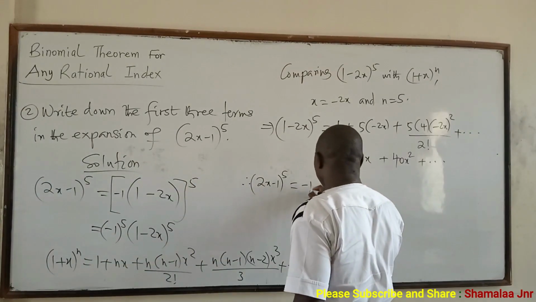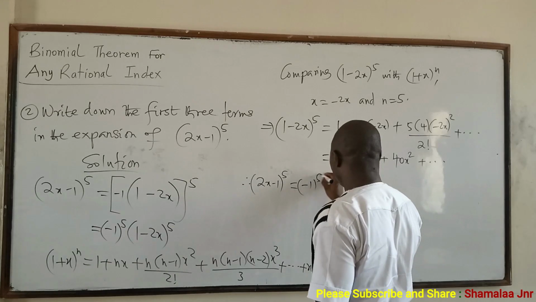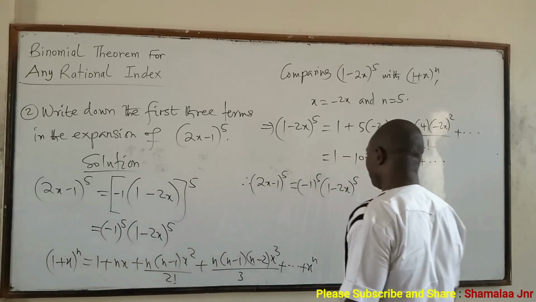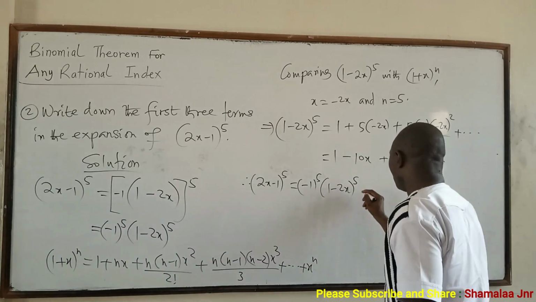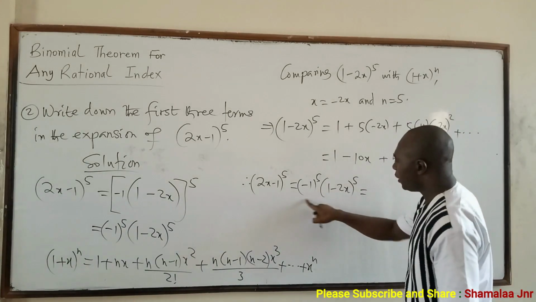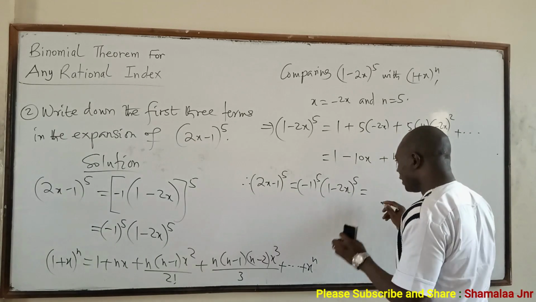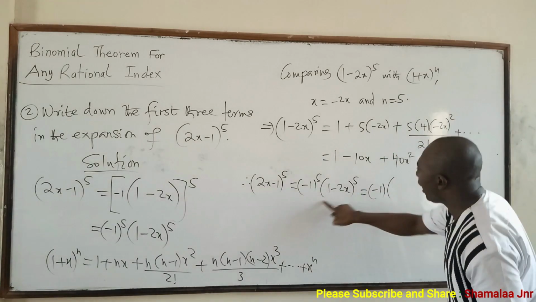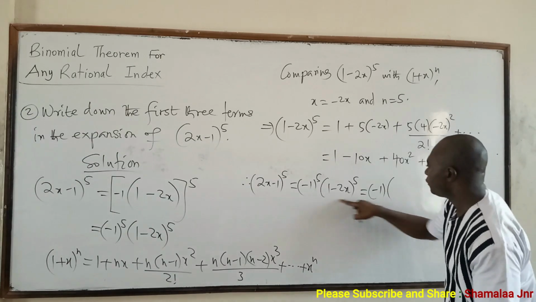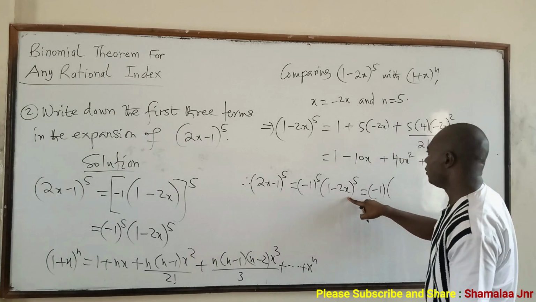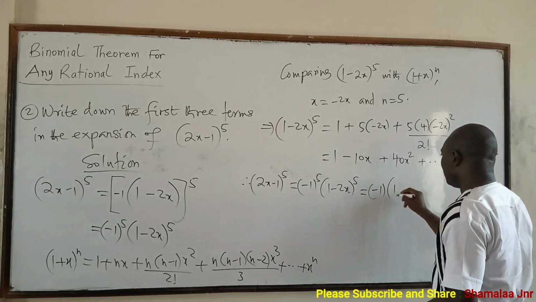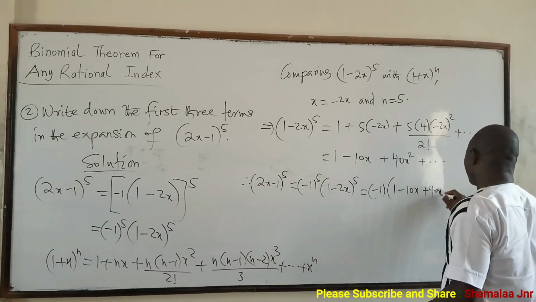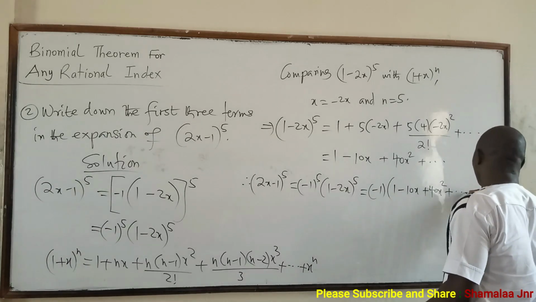It's equal to (-1) raised to the power 5 times (1 minus 2x) all raised to the power 5. And this is equal to, now, (-1) raised to the power 5 is -1. Times, now you have the answer for this one, 1 minus 10x plus 40x squared plus and so on.